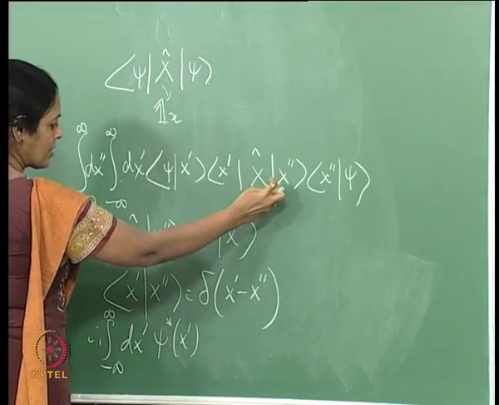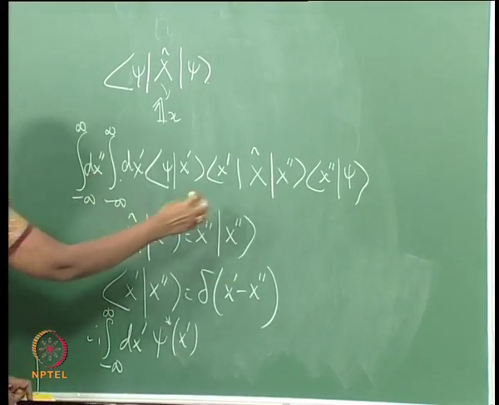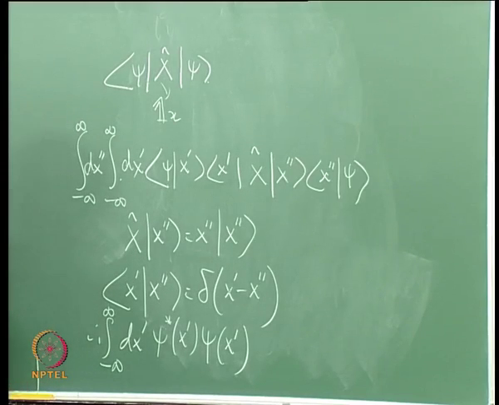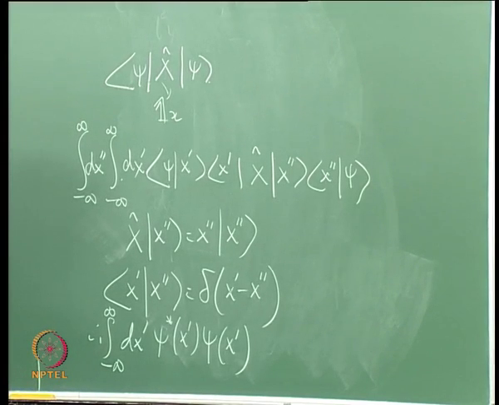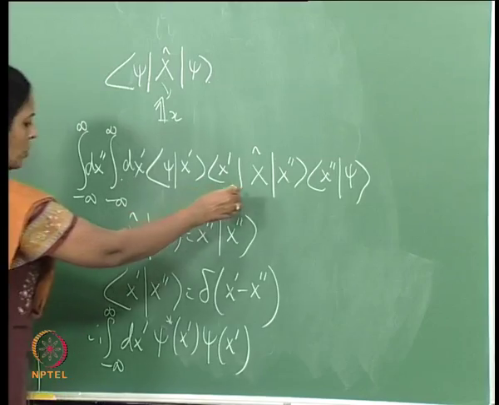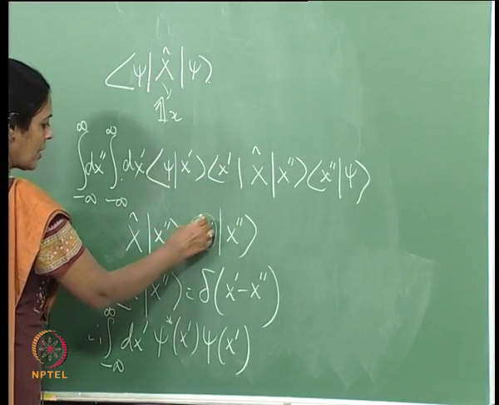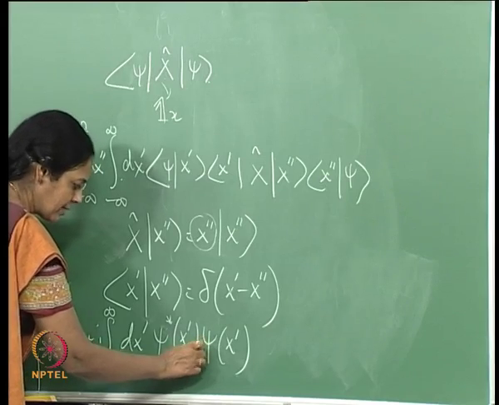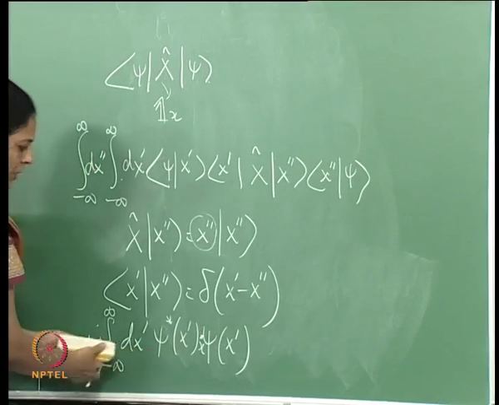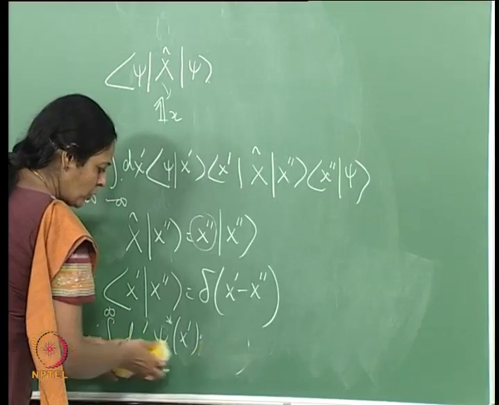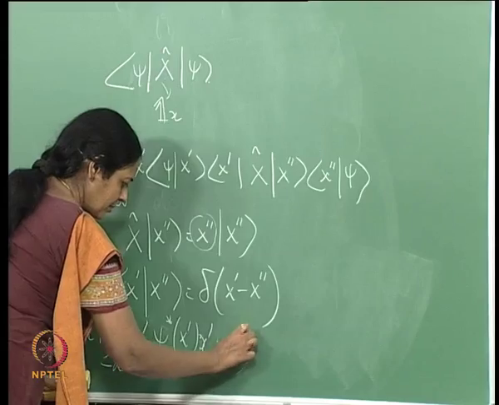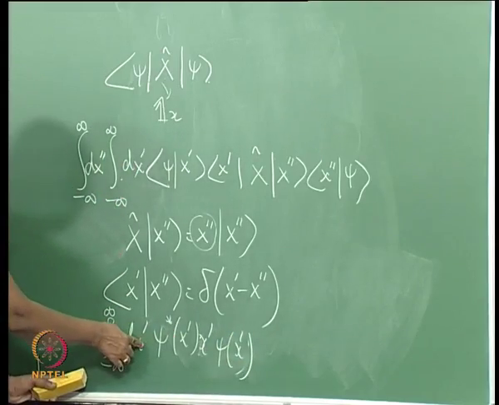This gave me the delta function, and one of the integrals went, and I have psi of x prime. There was a small matter of x double prime being the eigenvalue, which was replaced by x prime, so I could have put it here, or I could have pulled it out and put it there.